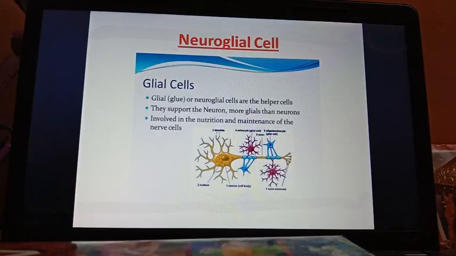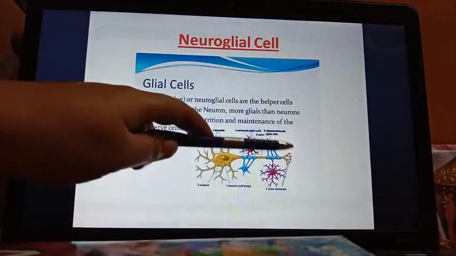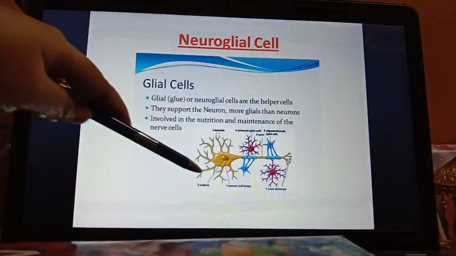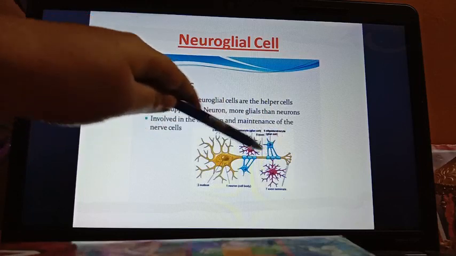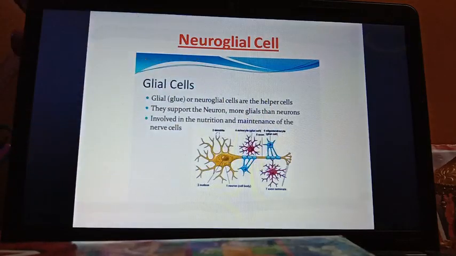Next is neuroglial cell. In the diagram you can see that side by side of the neuron, these are the neuroglial cells. Actually, nervous tissue contains neuroglial cells that do not transmit impulses, but instead support the activities of neurons.